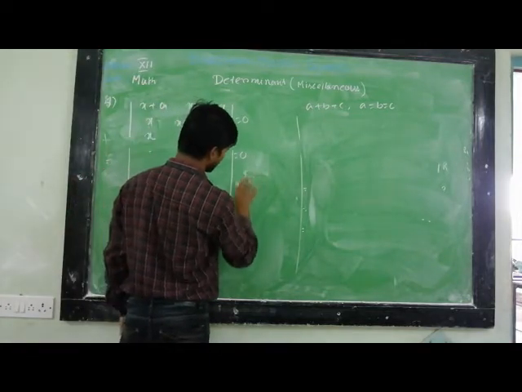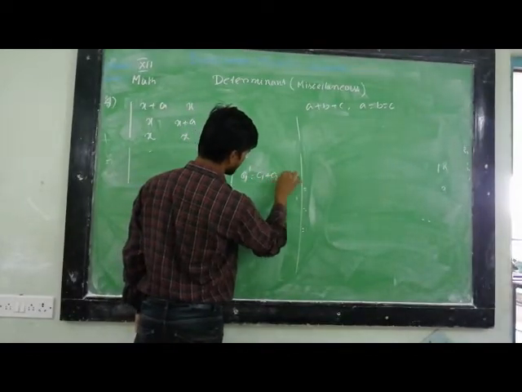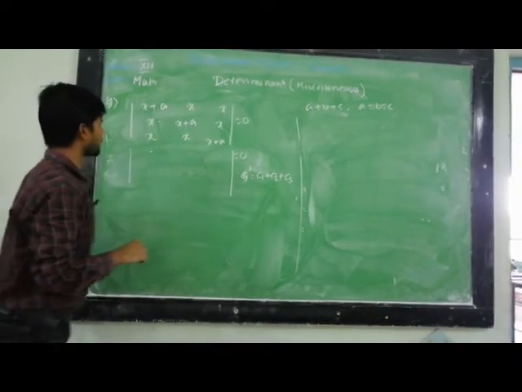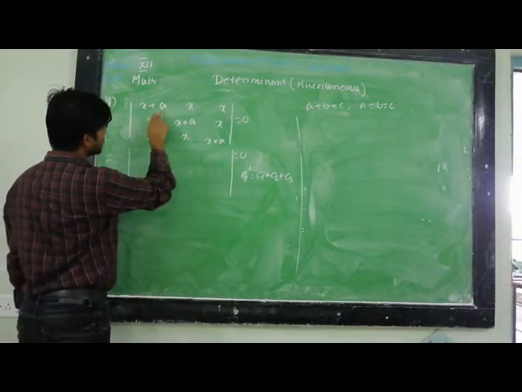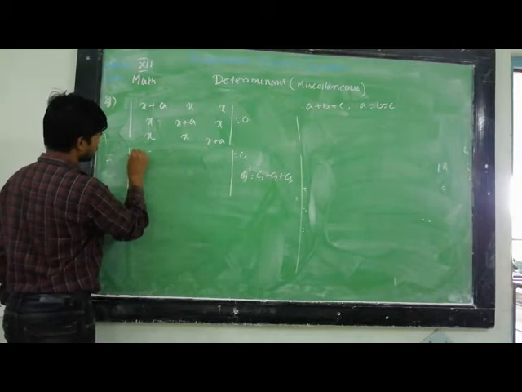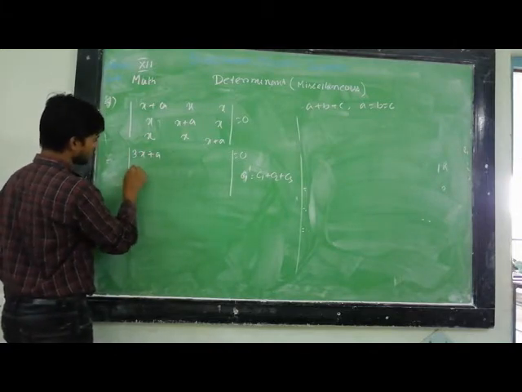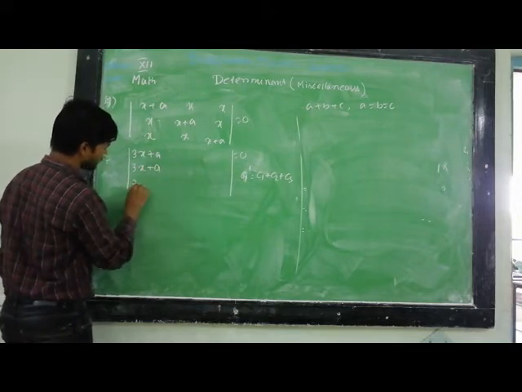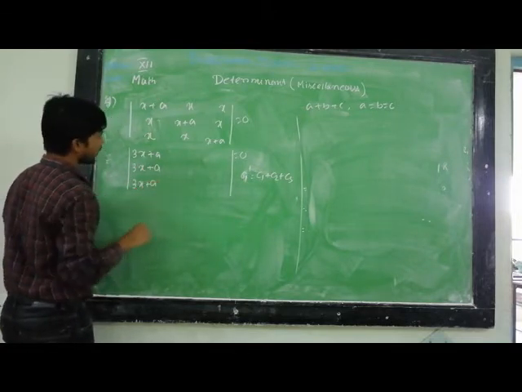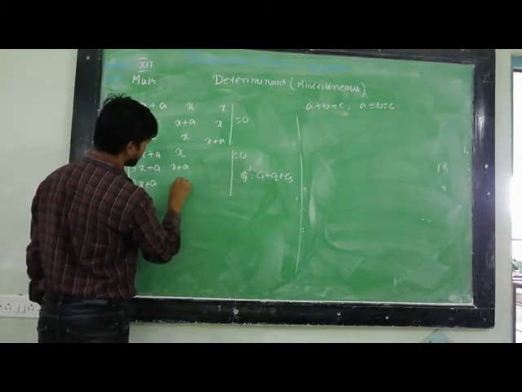Now here we will apply our operation first. The operation is C1 becomes C1 plus C2 plus C3. So the first entry of the first column will be x plus a plus x plus x, so 3x plus a. Similarly, the other entry of the first column will be 3x plus a, and the remaining entries will be unchanged.